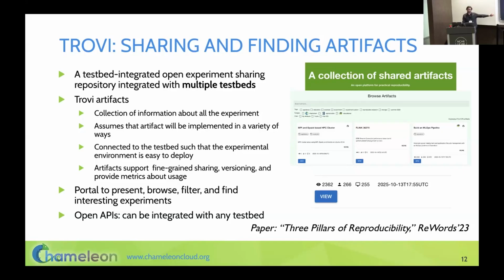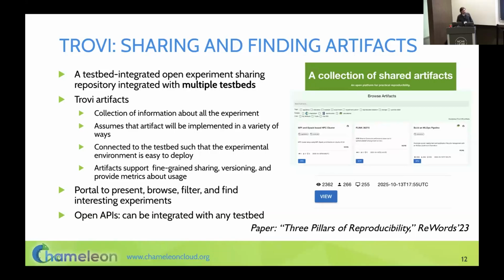A lot of the experiments people were talking about yesterday are actually available on Trovi, or you can find a Trovi article that's linked to the GitHub repository. This includes artifacts that we maintain and upload, Chameleon supported images and artifacts, as well as user uploaded material.